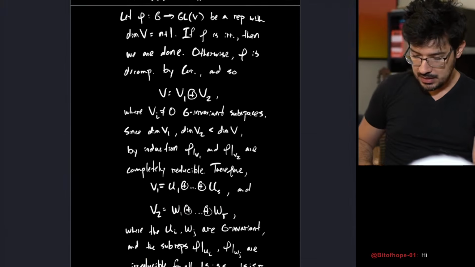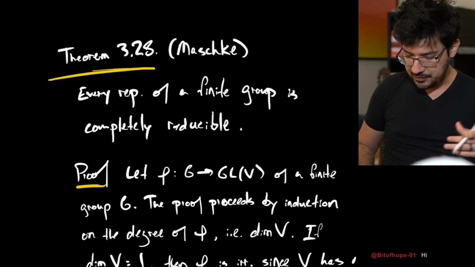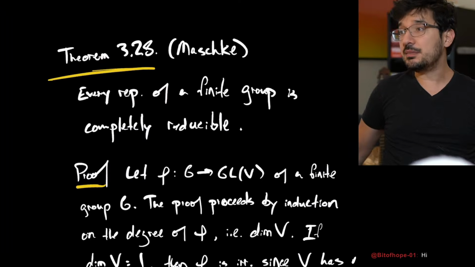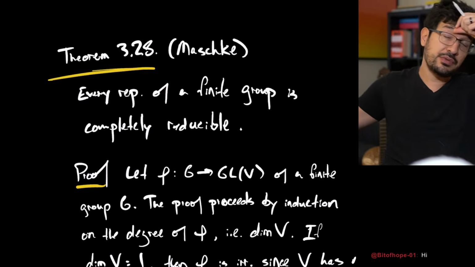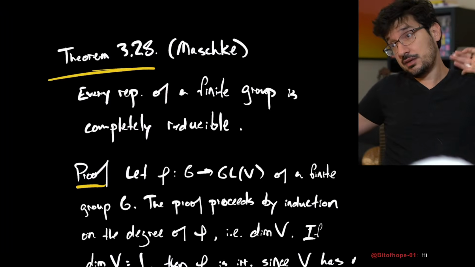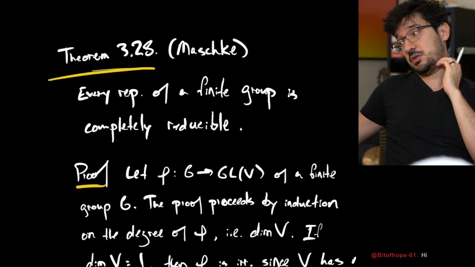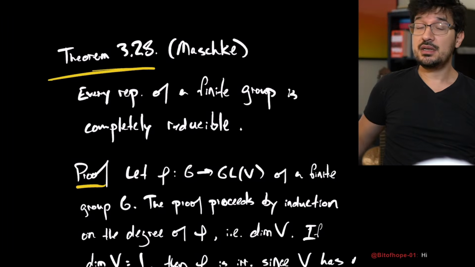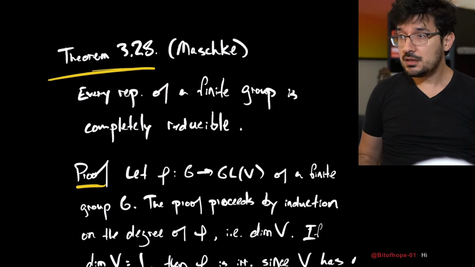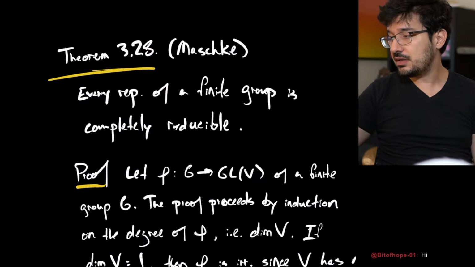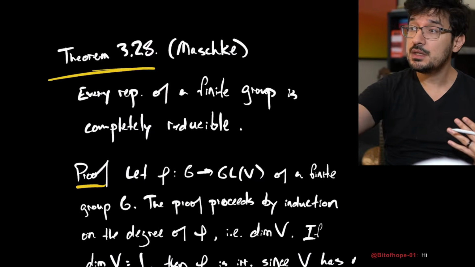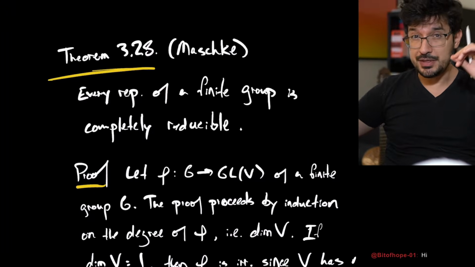Okay, so as I said yesterday, for the first time, we got to Maschke's theorem. And this is a major result in the representation theory of finite groups. It's kind of the equivalent of prime factorization, that any number can be uniquely factorized into a product of primes. Primes are like irreducible numbers.